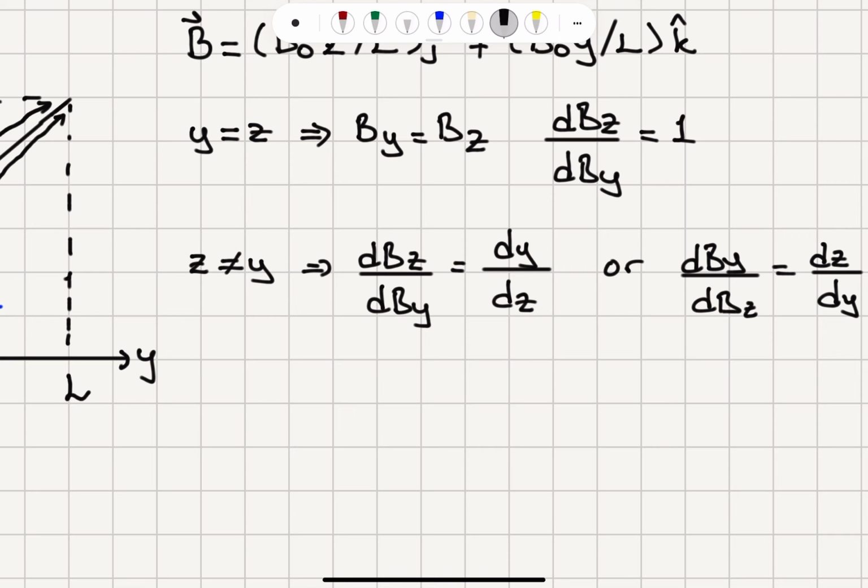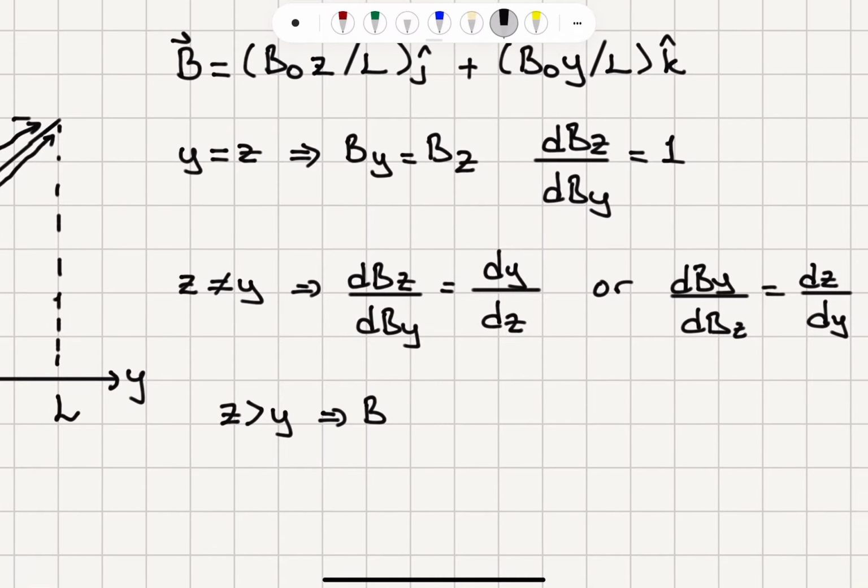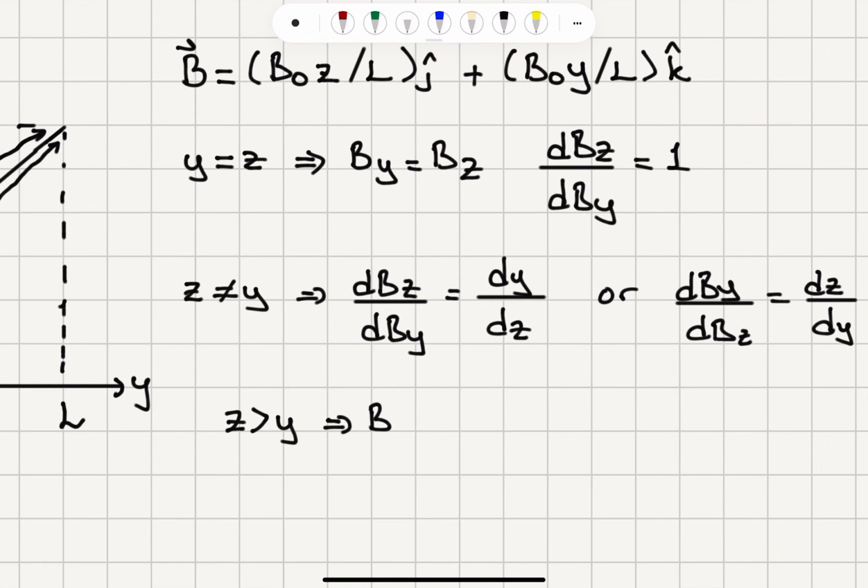Now what happens if z is greater than y? The y component is proportional to z, so the field is By j hat plus Bz k hat.